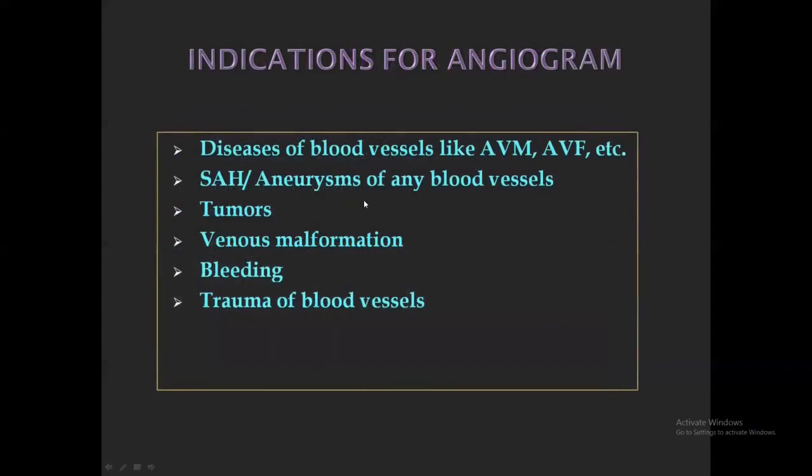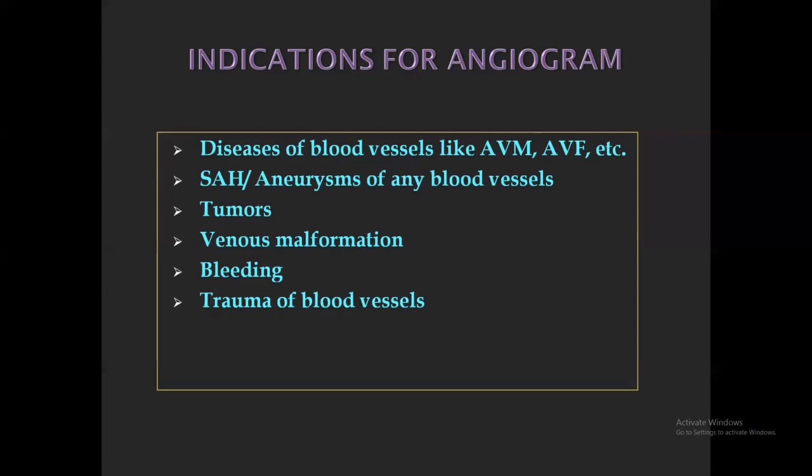Indications of angiogram. What are the situations in which angiogram is performed? Commonly, diseases of blood vessels like arteriovenous malformation or AVM, arteriovenous fistula or AVF, and SAH, subarachnoid hemorrhage, which most commonly occurs when aneurysms rupture. Also tumors, to check how vascular they are, the extent of the tumor, and how it is affecting the surrounding blood vessels.